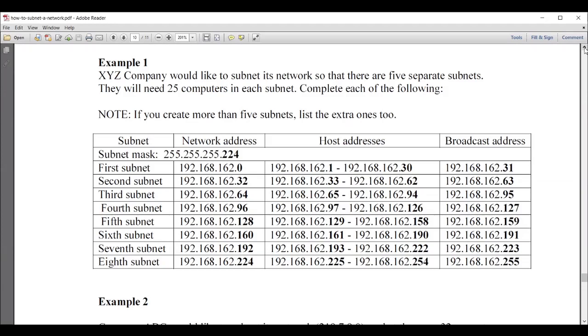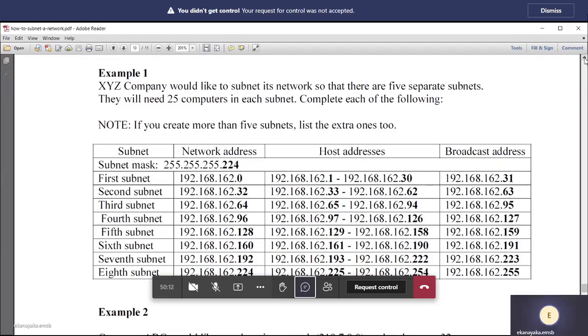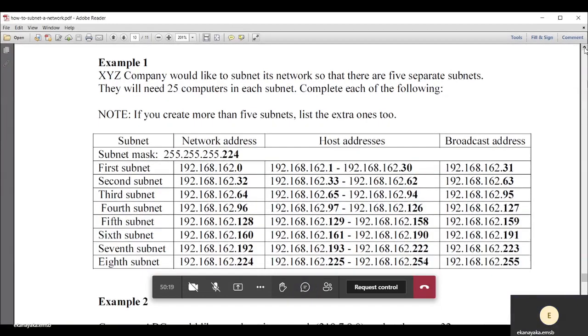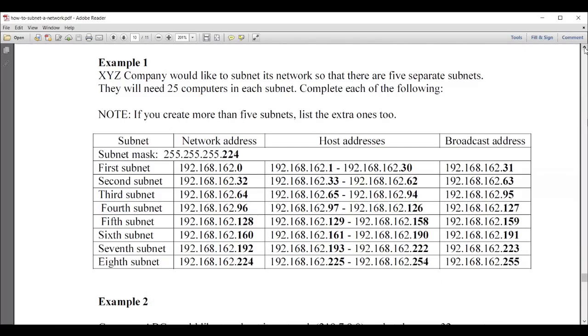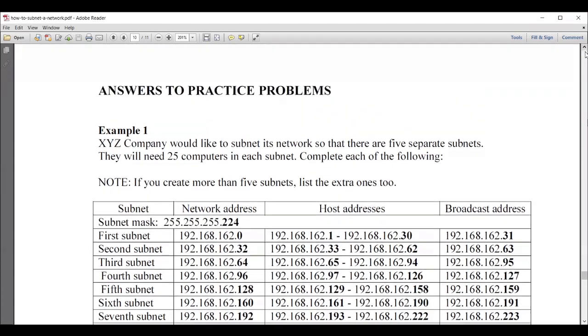Okay. All right. So if you like, we can do another example.